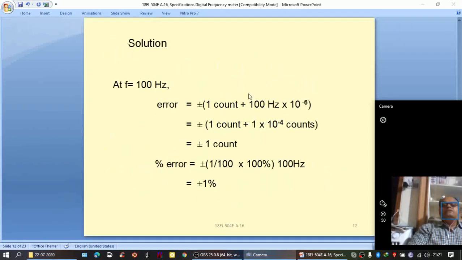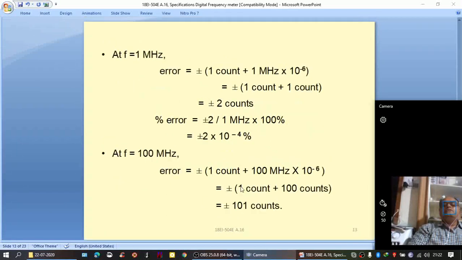So you just observe the percentage errors. In the first case, it is plus or minus 1%. In the second case, it is plus or minus 2 into 10 power minus 4, that is plus or minus 0.0002%. So the frequency increased, percentage error reduced.